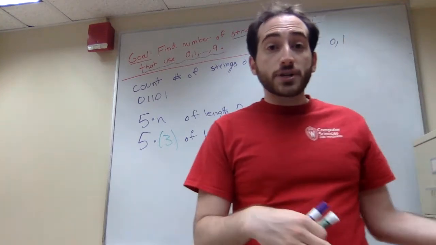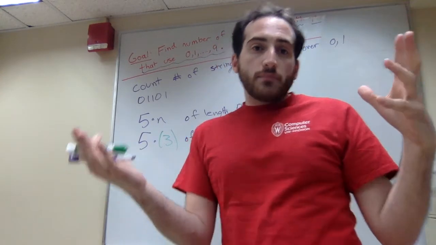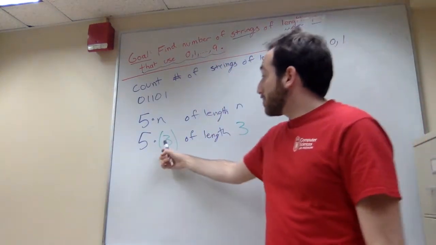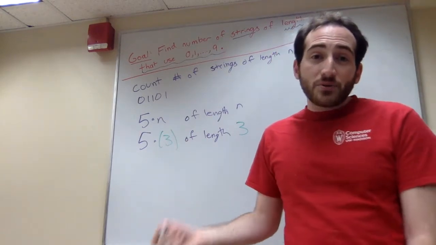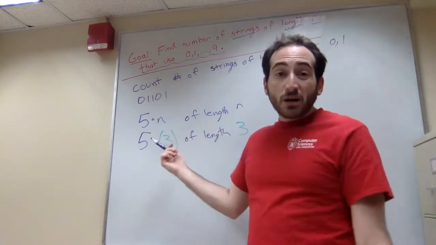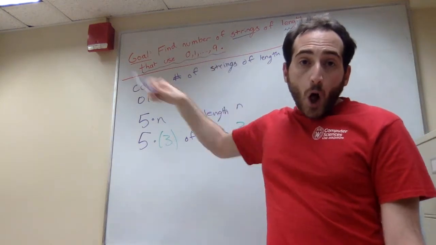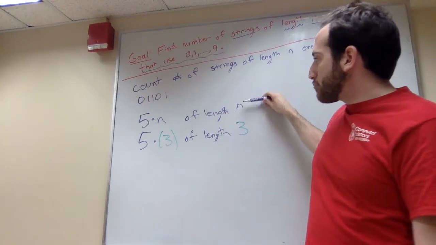But maybe in 500 years, we're going to have hard drives with 1 billion bits where we store our integers. And so then we're going to want to plug in 1 billion for n. And so if I just calculated for one value, then 500 years from now, Sam is going to be sad because he's not going to know his number. So if I figure it out for n, then I will always be able to calculate it for any given number by just plugging in 3 for n.